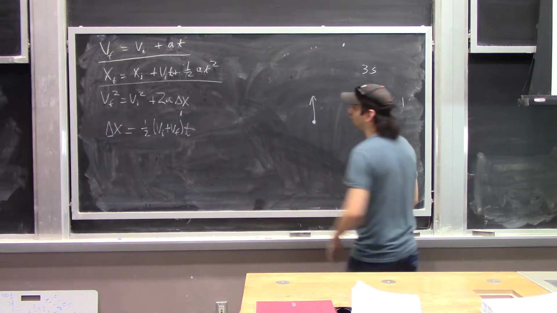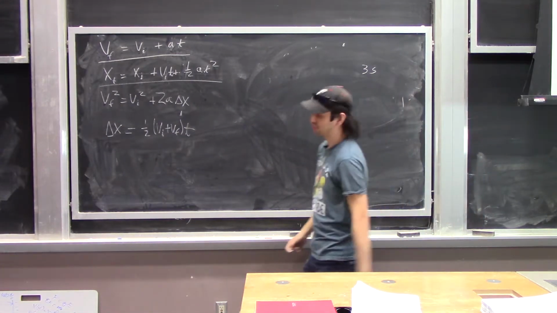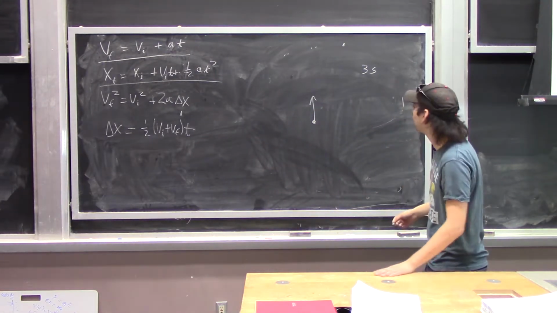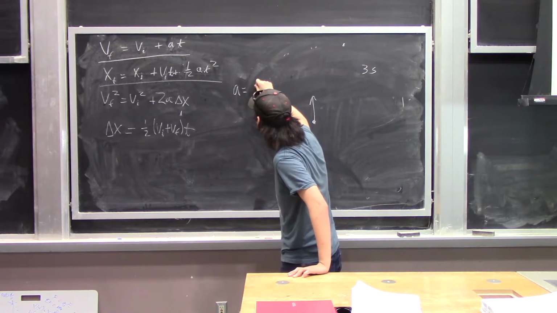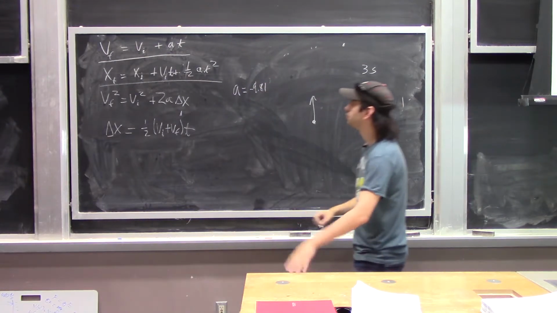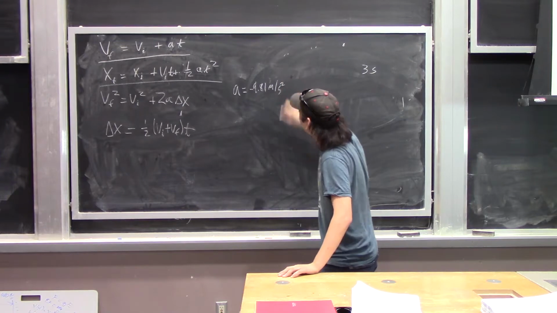In order to find the initial velocity of the ball, we actually know two things about this situation without explicitly having numbers. The first thing is that the acceleration, a, is going to be equal to g, or negative 9.81, and this is meters per second squared.